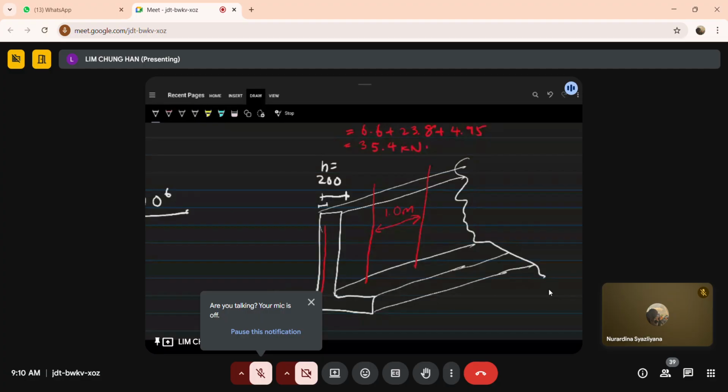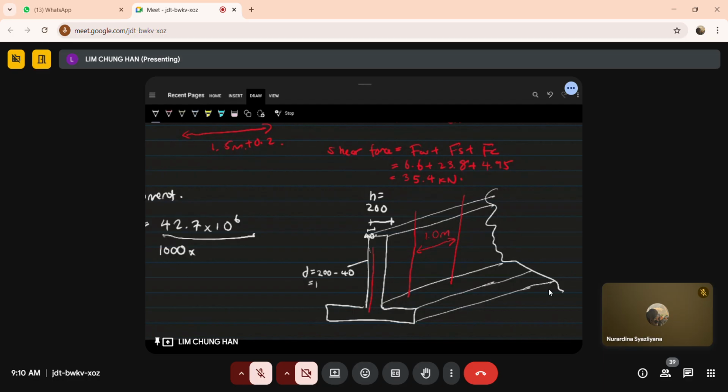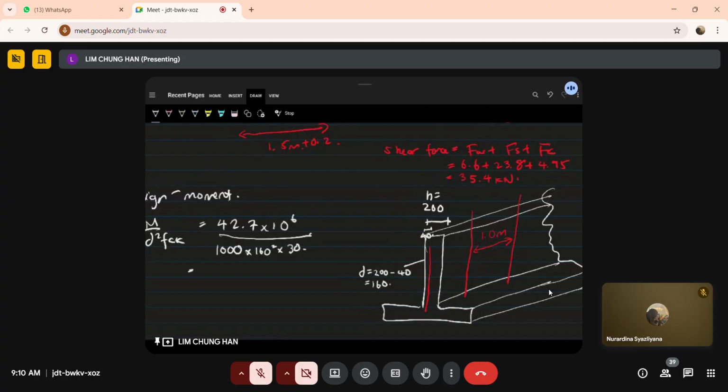Let's say we've done the cover calculation, 40. Therefore your D is your thickness, 200, minus the cover, 40, so 160. So your D is 160 squared times FCK 30, given in the question.